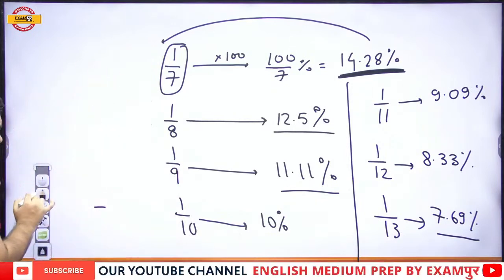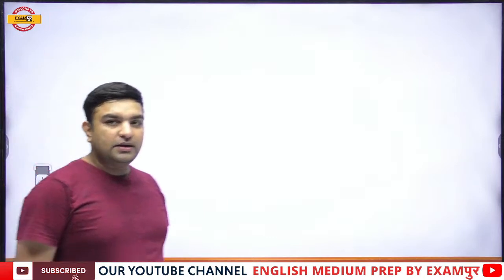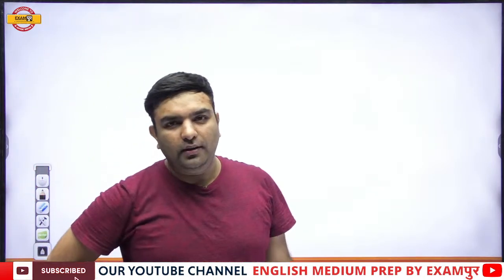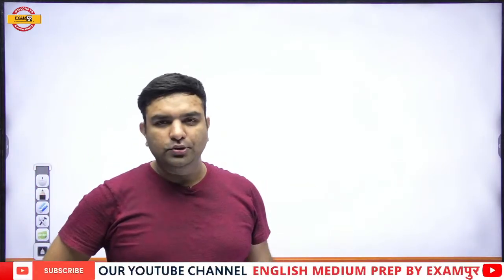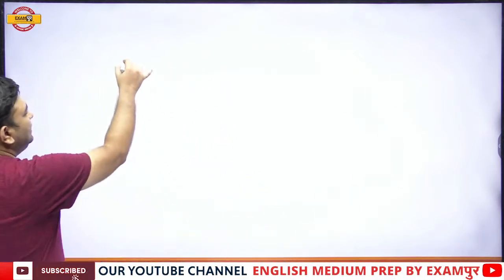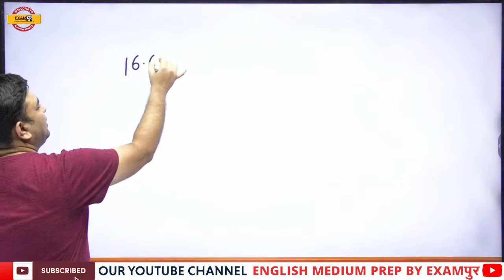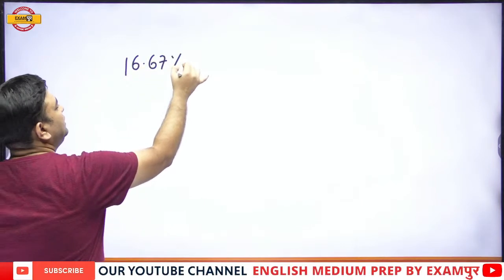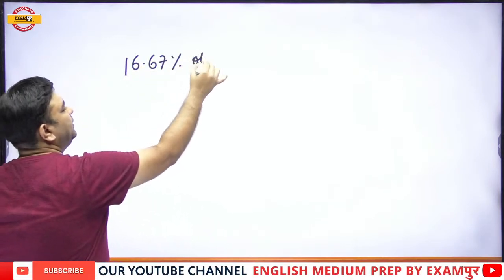I have a lot of examples which have been asked in the SSCs as well, and I am going to write those, and you have to answer me. These are going to play a very important role in your preparation.